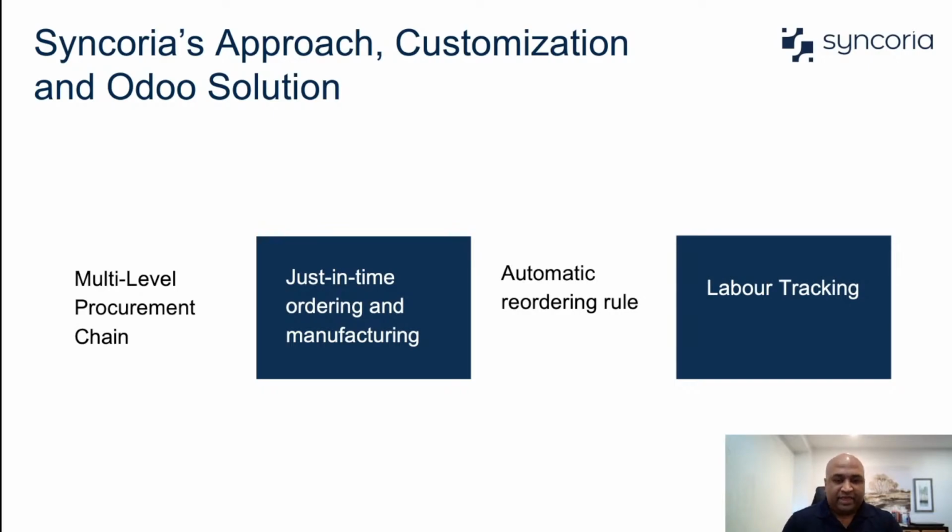Another challenge or area that we needed to focus on was manufacturing, of course, and just-in-time manufacturing is essential for this kind of industry for obvious reasons: the components or the manufactured sub-assemblies and the finished goods or the modules tend to be quite large. So storage is an issue, transportation is an issue.